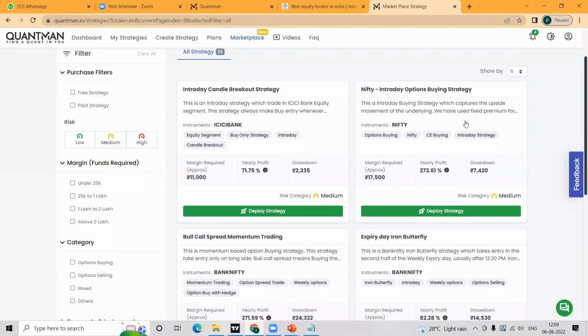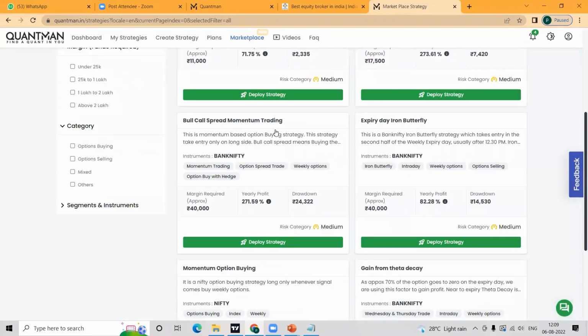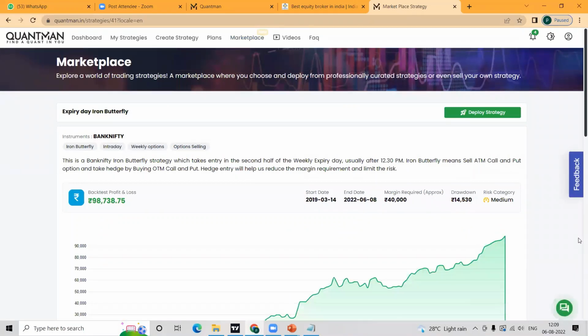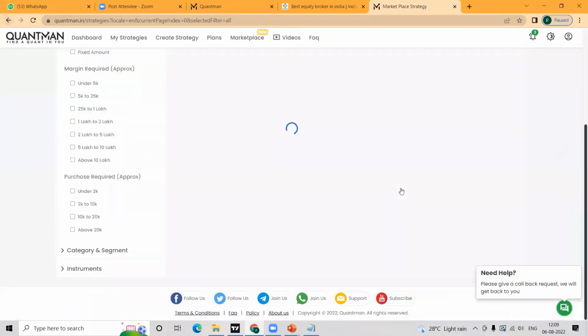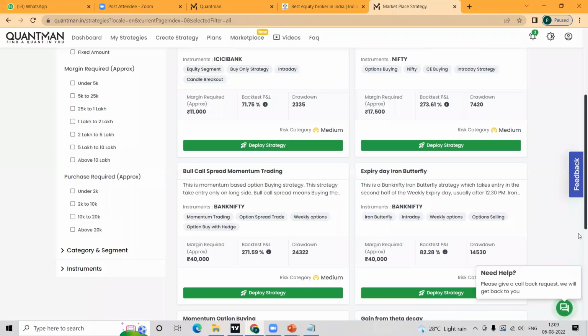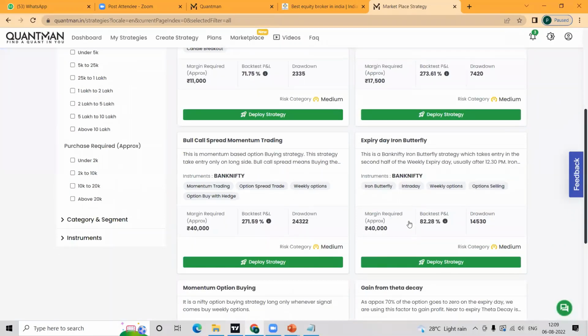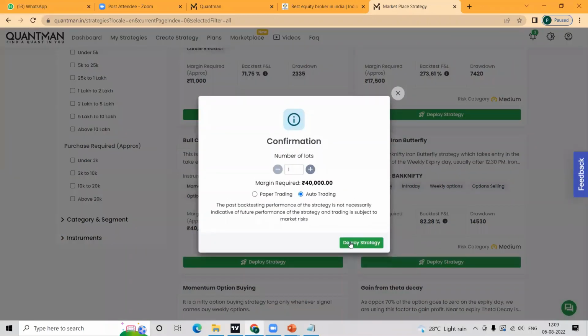That means options buying strategy, bull call spread strategy, iron butterfly, everything has already been backtested. This is an expiry day only strategy. Margin required is only 40,000. So we have a lot of backtested strategies. If you want to deploy, say for example this iron butterfly, because it requires margin of only 40,000, just deploy the strategy. That's it.